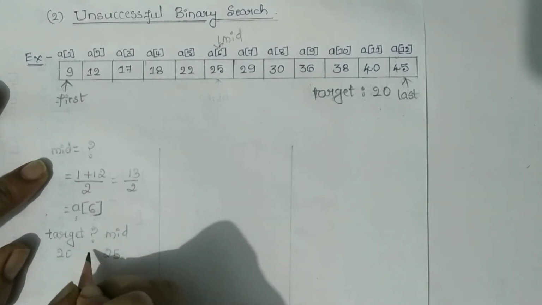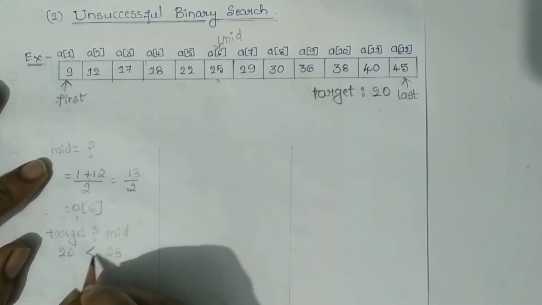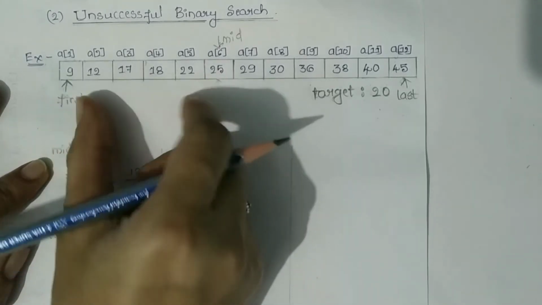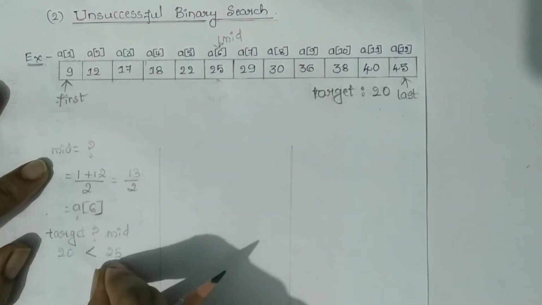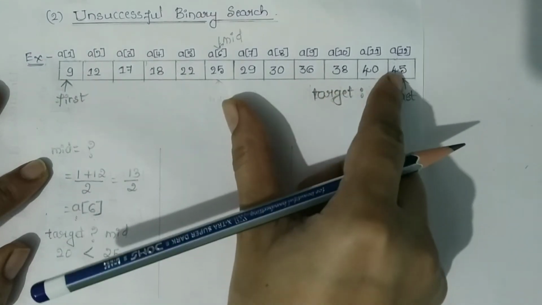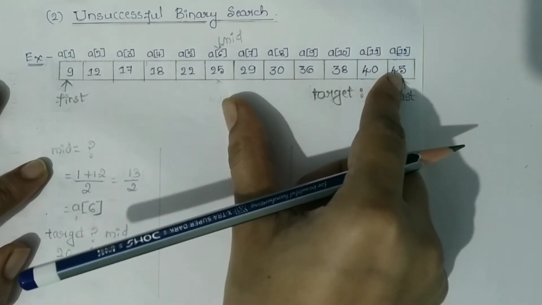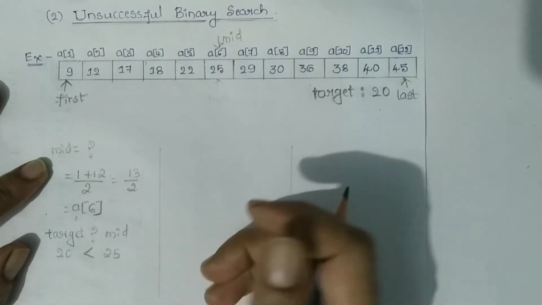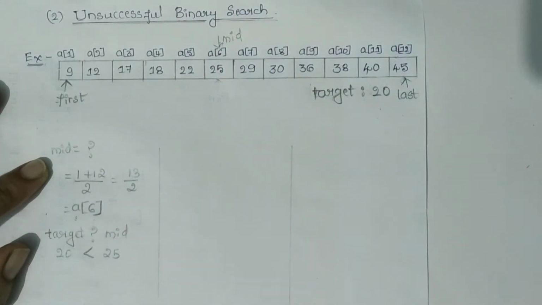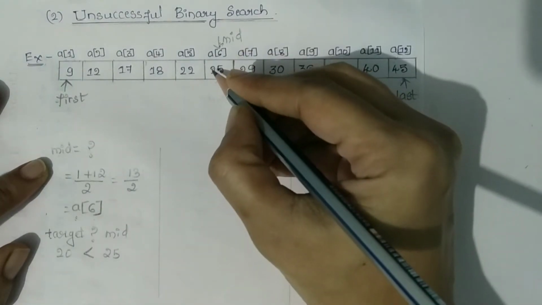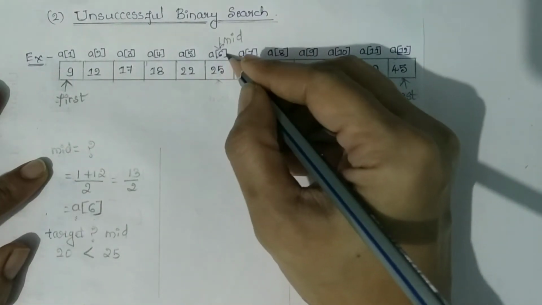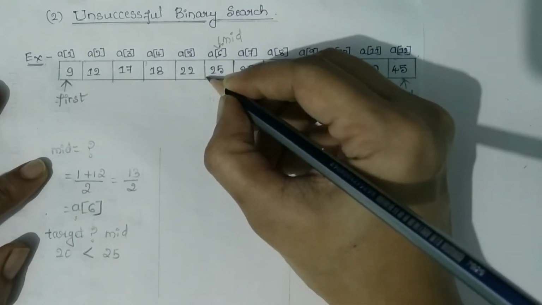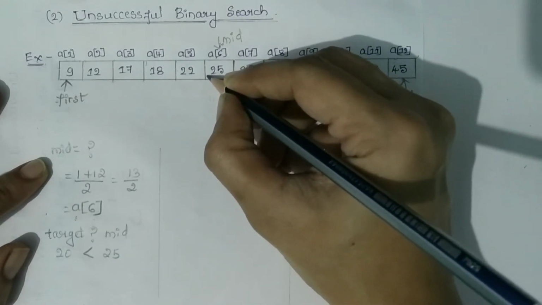Here the target 20 is lesser than the middle value. It means the target is present in the first half of the list, not in the second half. So we can eliminate the larger part of the list, that is from array of 6 to array of 12. So I will eliminate this half of the list.